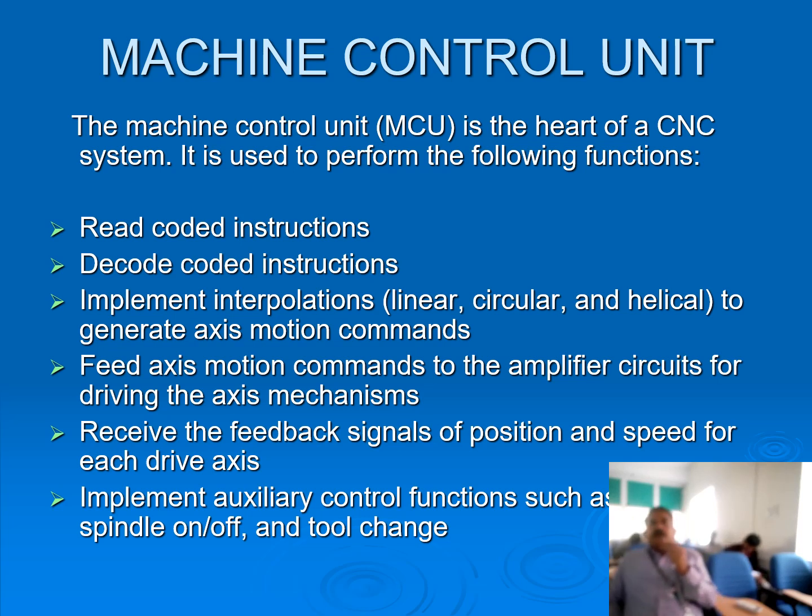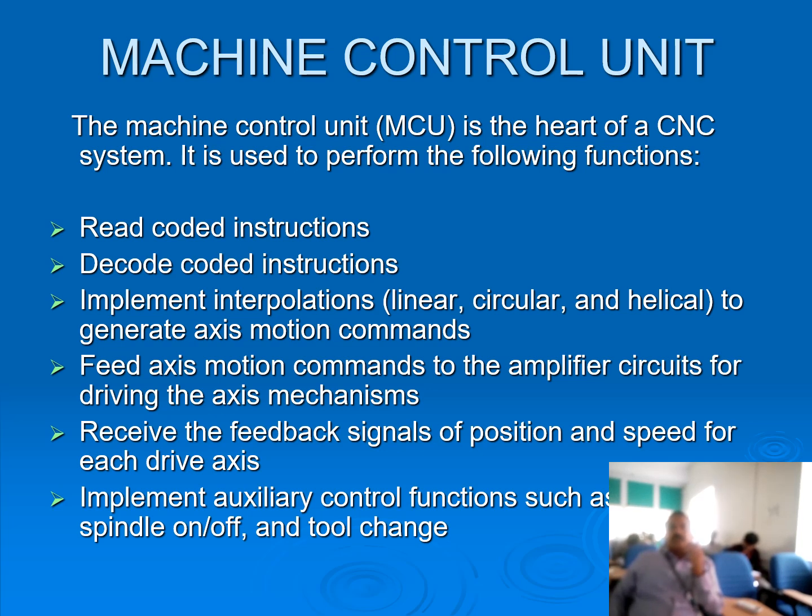Now the brain of any CNC system is the machine control unit, as we discussed earlier. The machine control unit is the heart of a CNC system. It is used to perform the following functions: read coded instructions, decode coded instructions, implement interpolations, that is linear, circular and helical, to generate axis motion commands.